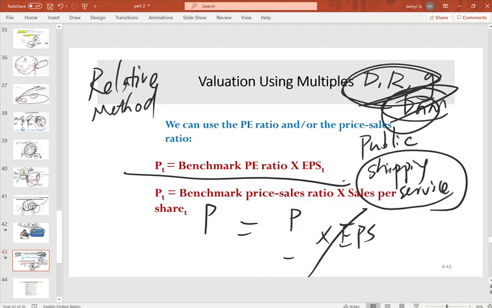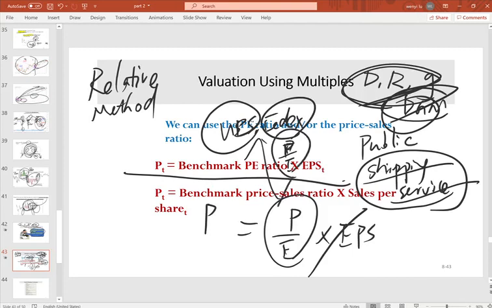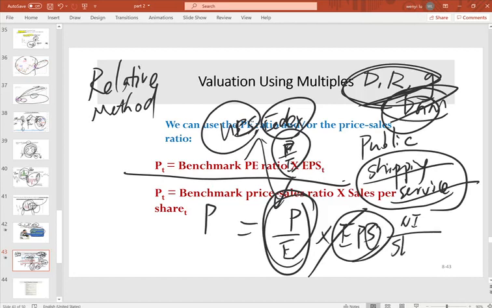The P/E ratio can come from similar companies in your industry. For example, for a shipping service company, there are many public companies, like UPS, FedEx, and others. You use these companies' P/E ratios and take the average as your reference for your own company's P/E ratio. Then you use earnings per share. Earnings is your net income, and the shares are how many you want to list on the public market.